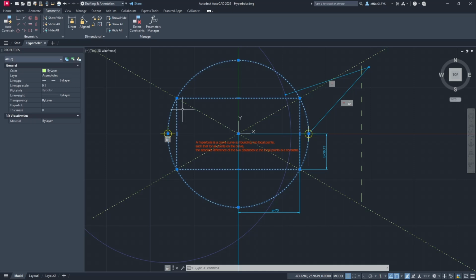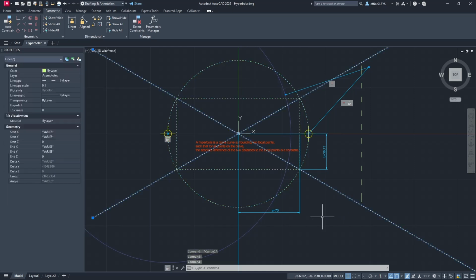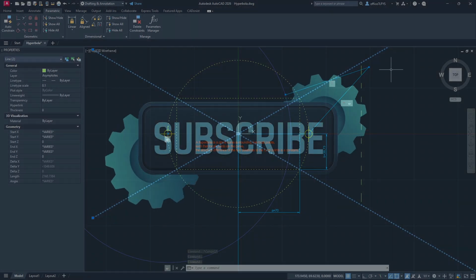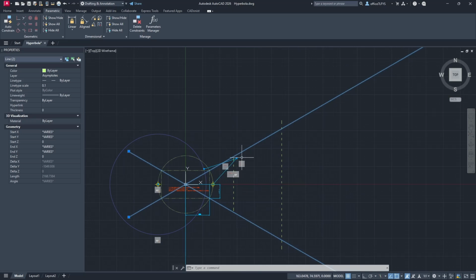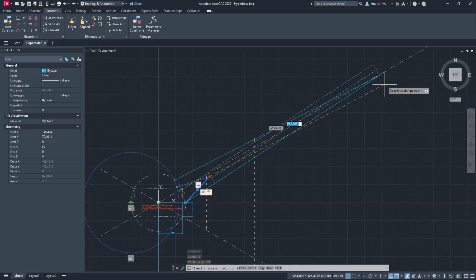From this rectangle we get two lines, which are the asymptotes of the hyperbola. And indeed, when we start stretching the hyperbola, you can see that the curve approaches the asymptotes but never touches them.